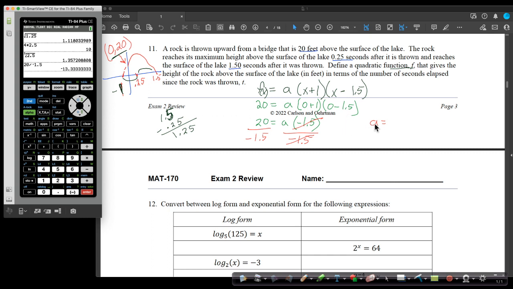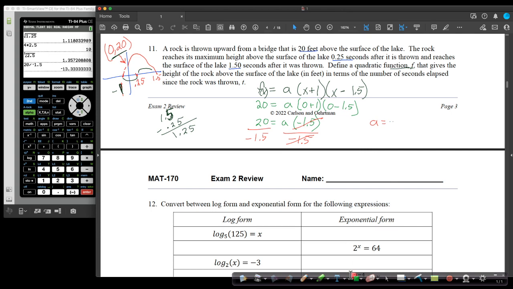We could use that, or to keep it as a fraction, you could multiply the denominator by 10, which moves it to 15, and then the numerator would be 200. So we could write this another way.